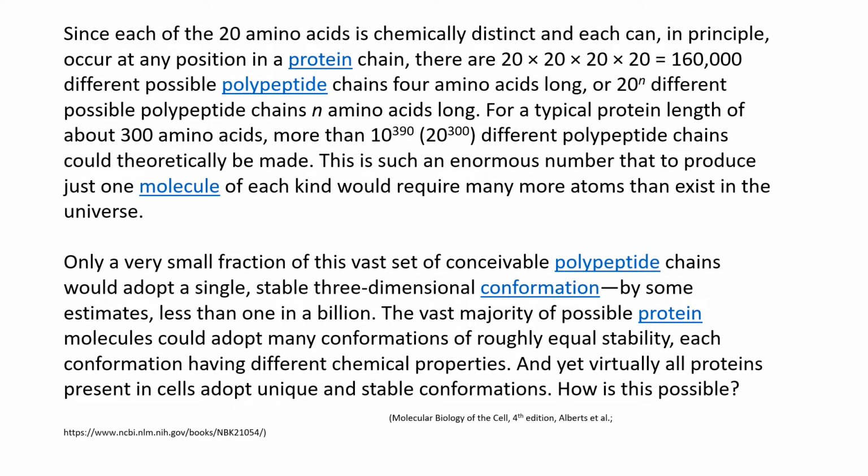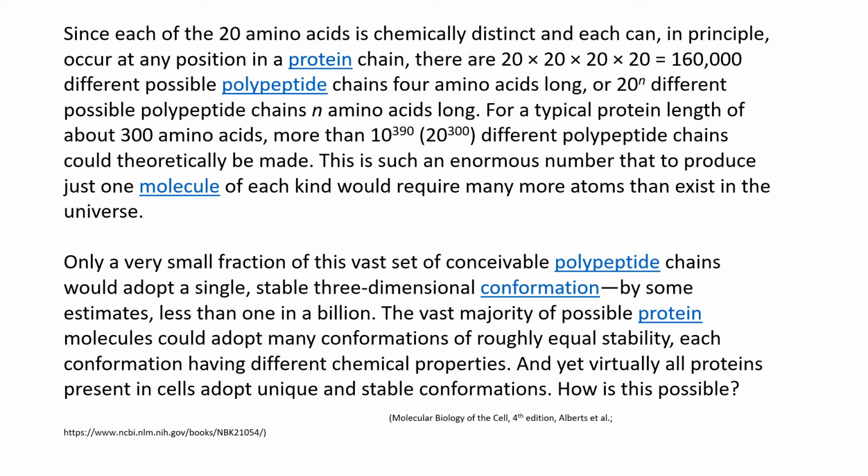Now, of this extremely large set of possibilities, let's keep reading. Only a very small fraction of this vast set of conceivable polypeptide chains would adopt a single, stable, three-dimensional conformation. By some estimates, less than 1 in a billion.